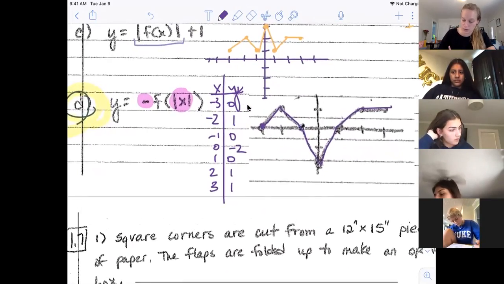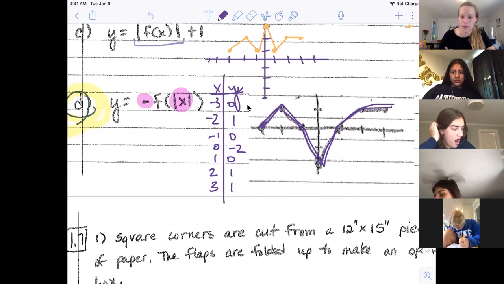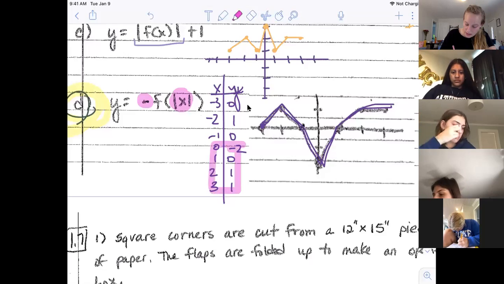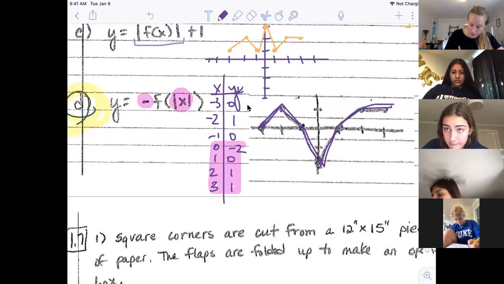So this is the original graph that was above that I just copied and pasted down. And we made a T table of it. As we just talked about on the last one, all of the positive x's are good. I'm going to graph these points exactly like they're written. So the whole right side is totally fine. I'm going to go graph those right now.